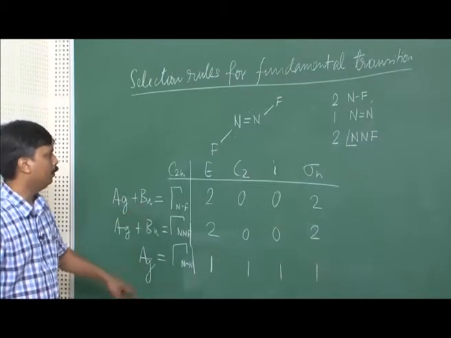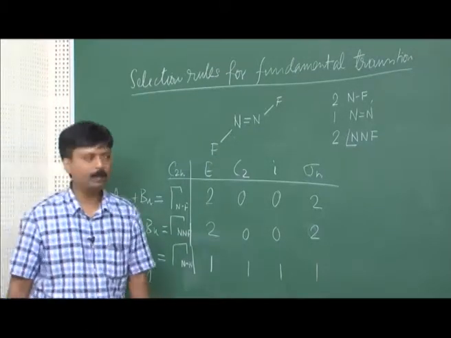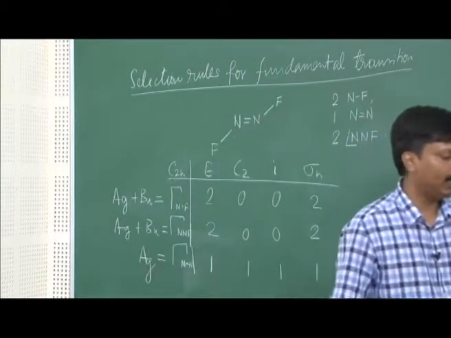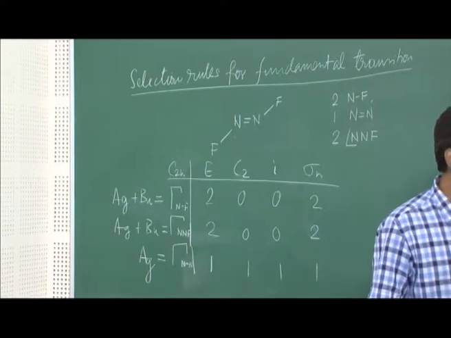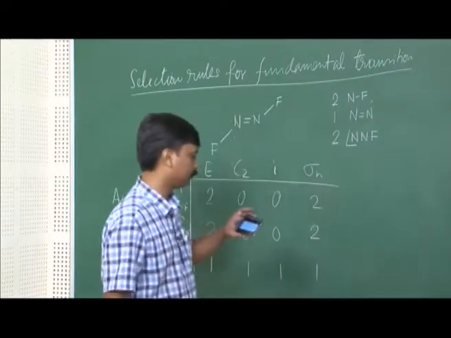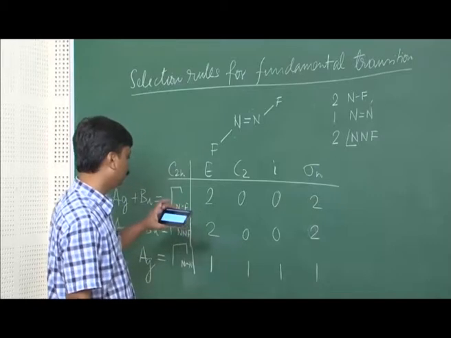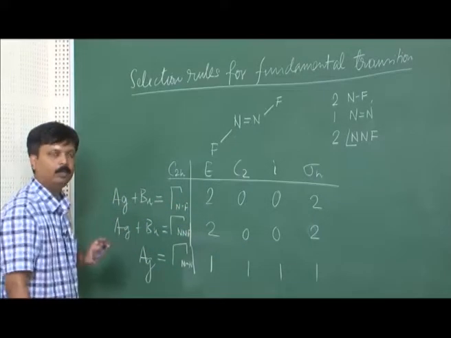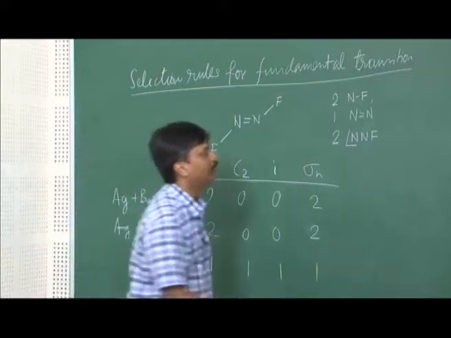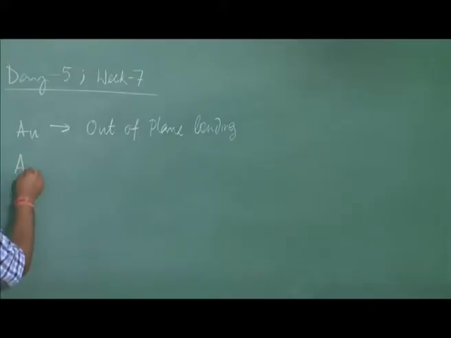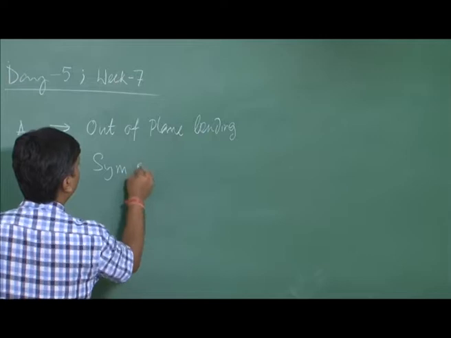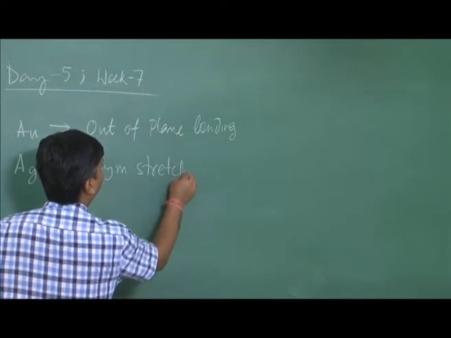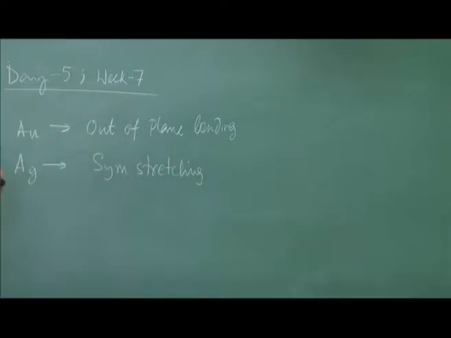Now, if you look at the characters of Ag and Bu, let us have a look at the respective characters. So, Ag is totally symmetric, correct. So, then I can safely say that Ag is my symmetric stretching mode. Why?